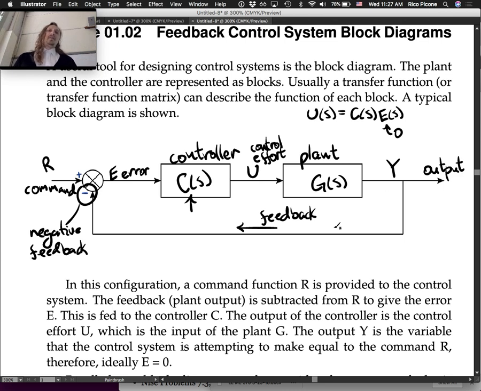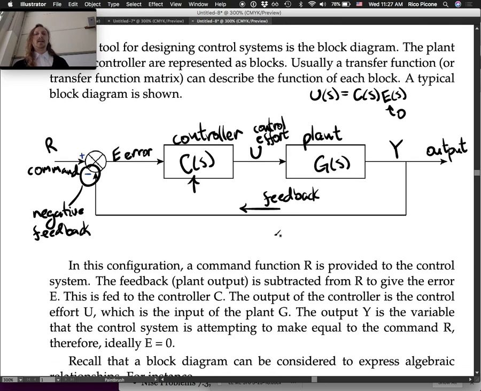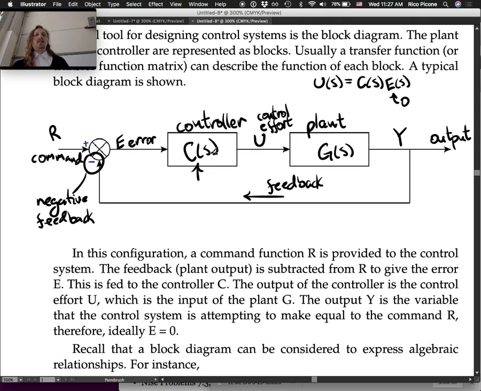So this diagram is like our bread and butter. We always come back to this block diagram, okay? This block diagram is really just a useful way of visualizing an algebraic relationship among all of these Laplace domain variables.